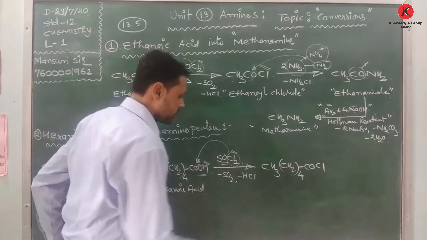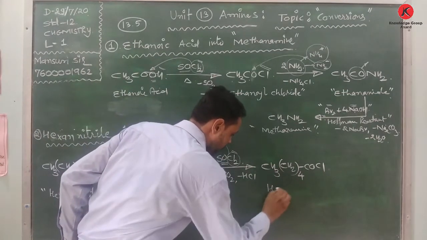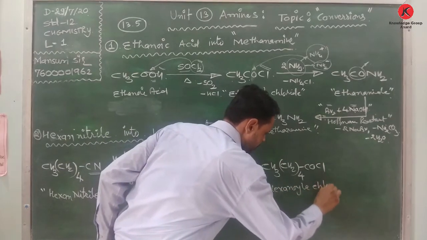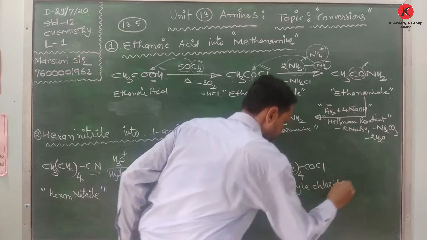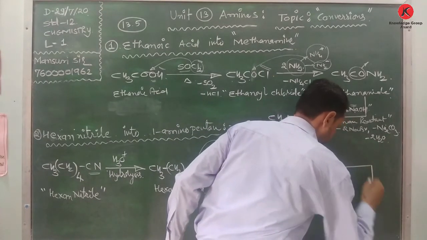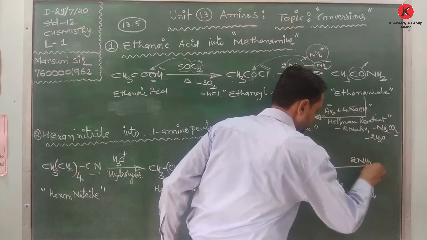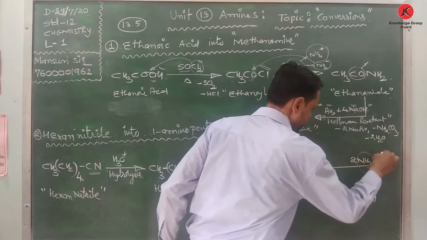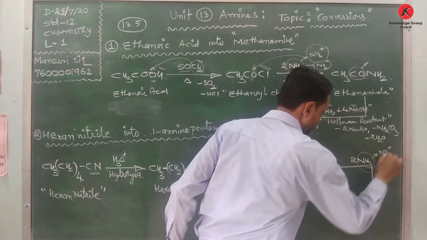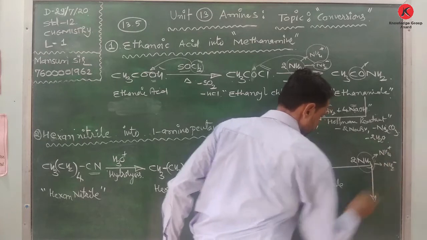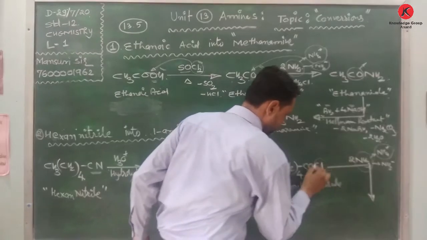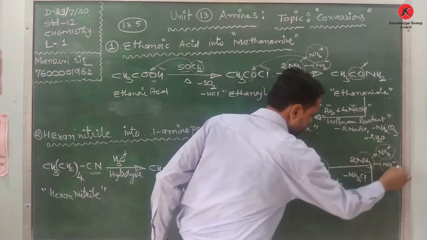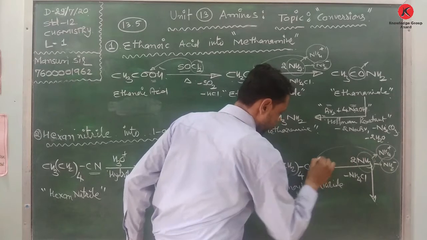Thereafter by using thionyl chloride, hexanoyl chloride is formed. And thereafter by using 2 moles of ammonia, what will form? Ammonia has 2 parts, NH4 plus, NH2 minus. Now NH4 combines with chlorine and makes NH4Cl. Thereafter NH2 is added over here.